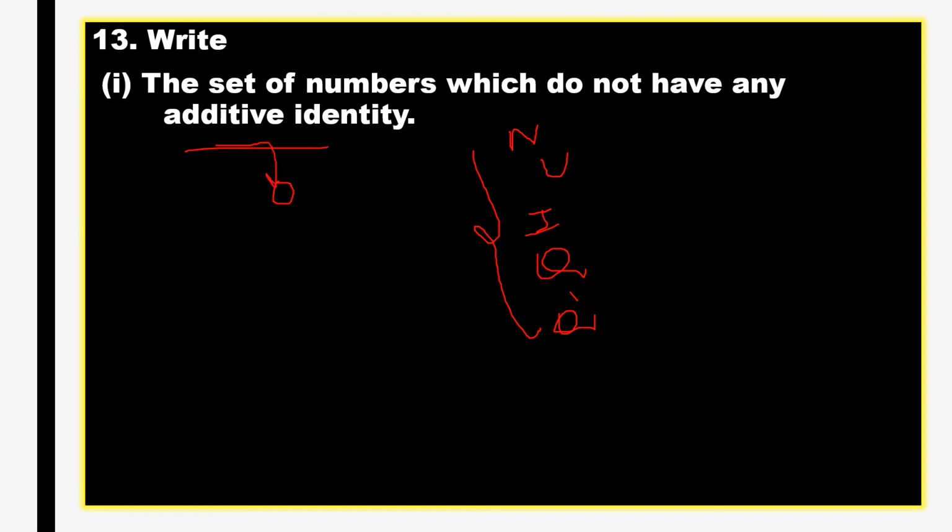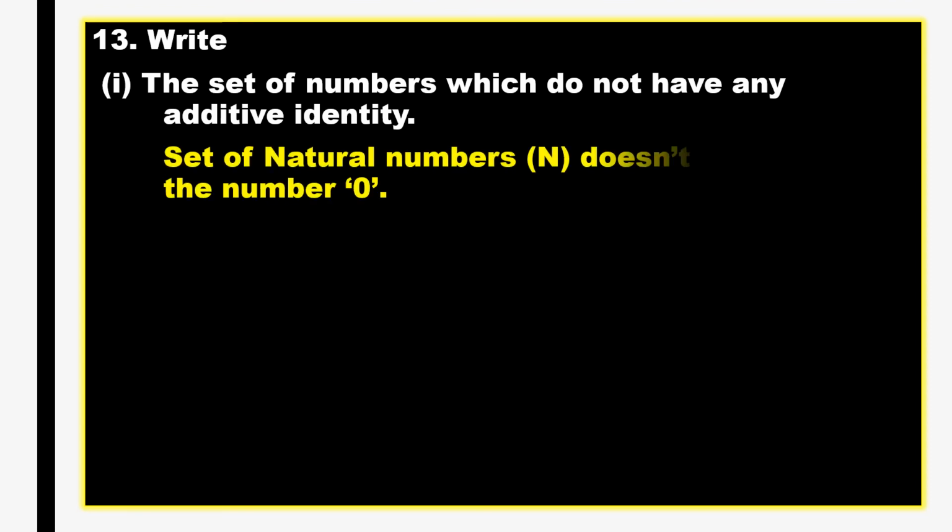So which set is without 0? It is natural numbers, because in whole numbers we have 0, in integers we have 0, in rationals we have 0. So natural numbers do not possess the number 0, because our additive identity means 0.